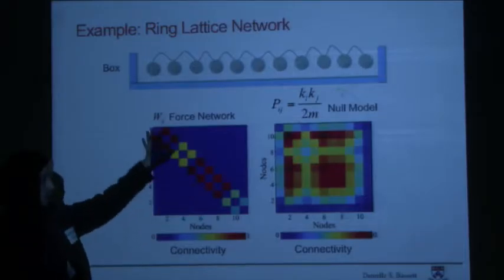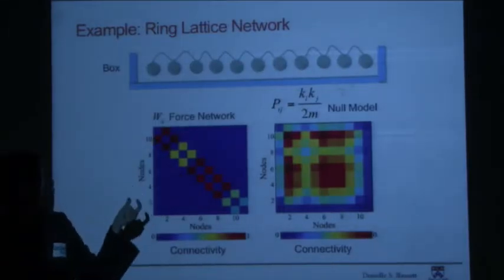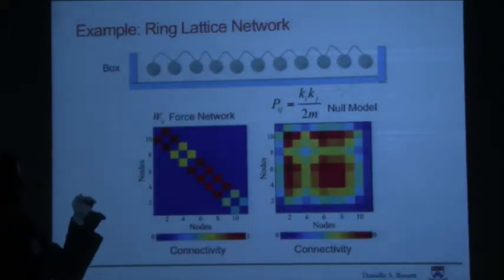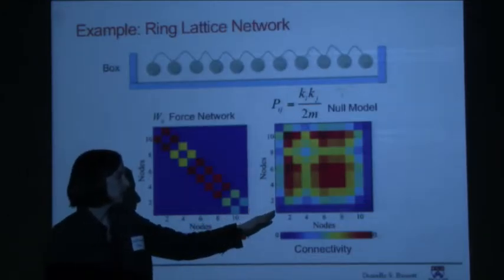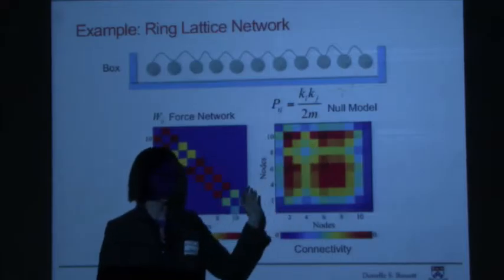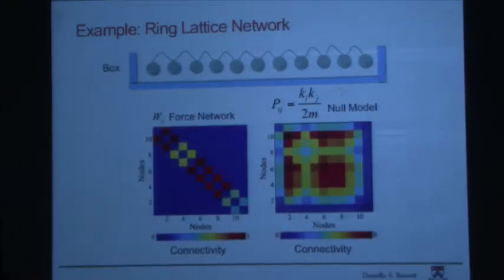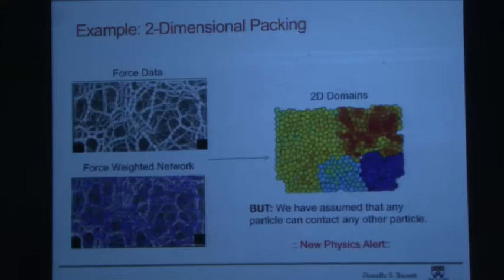Then the force network looks like this, right? So I only have strong forces between particles that are consecutive in that line. And then the null model gives me a probability of any two nodes connecting that fills the whole adjacency matrix, right? So I have non-zero probability that any node would connect to any other node.